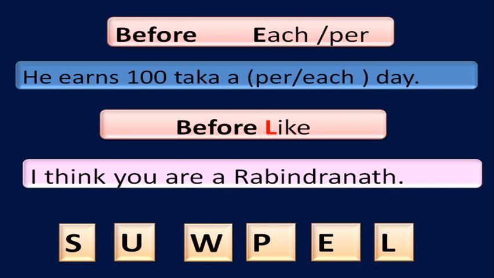So here Rabindranath means the person's geniusness, the person's creativity. So it has become a common noun. So when any proper noun is treated like this, that means a common noun, you have to use a.